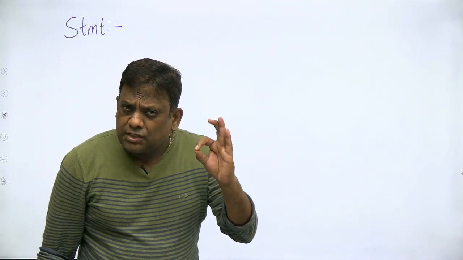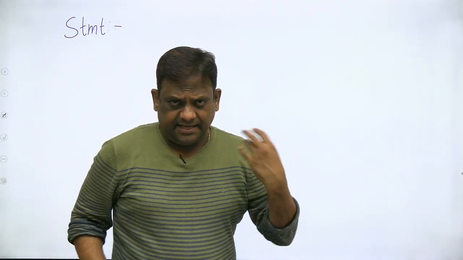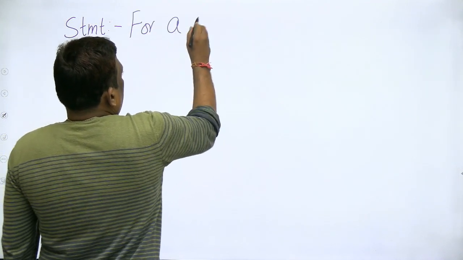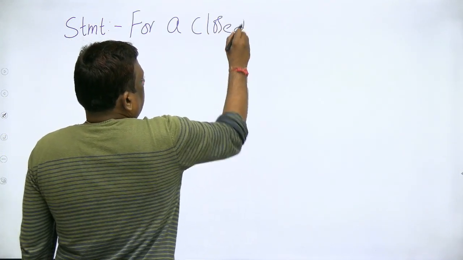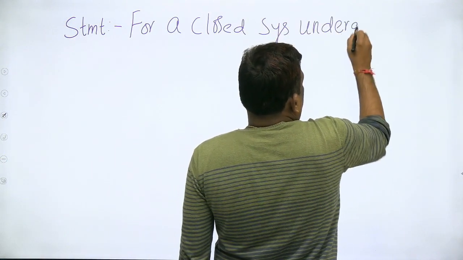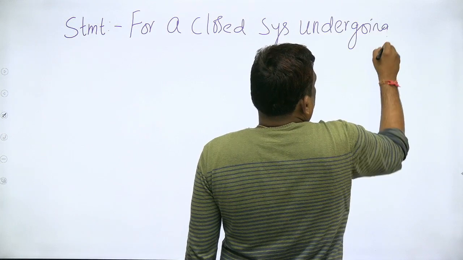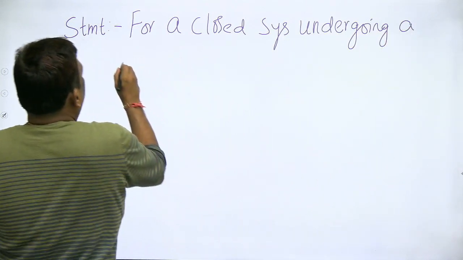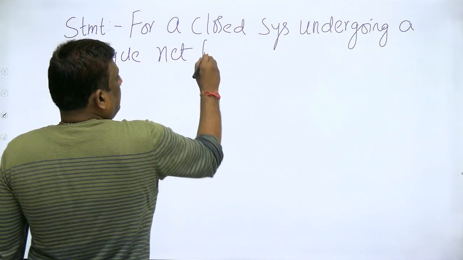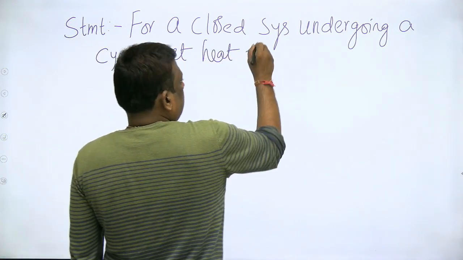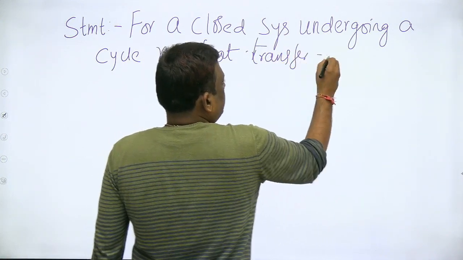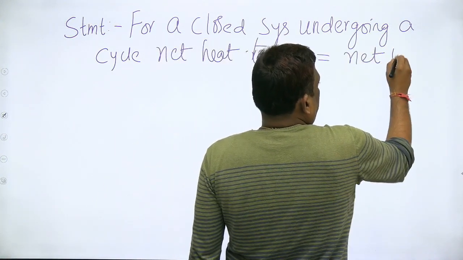For a closed system undergoing a cycle. Let me write. For a closed system undergoing a cycle, net heat transfer is equal to net work transfer.